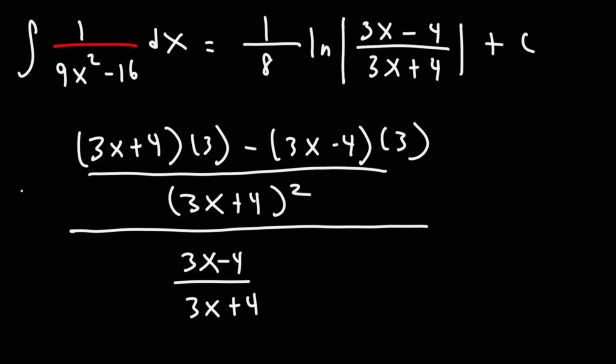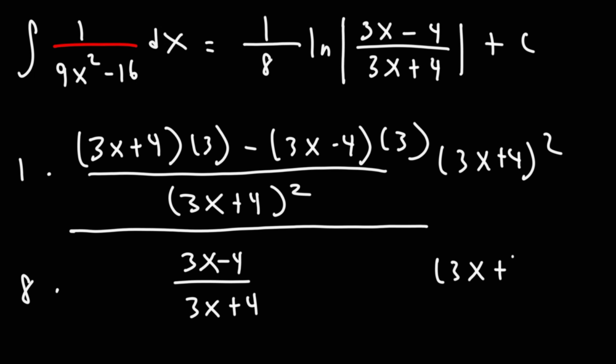And then times 1 over 8. Now let's multiply the top and bottom by 3x plus 4 squared, just like we did before. So these will cancel, and we'll have a 3x plus 4 left over.